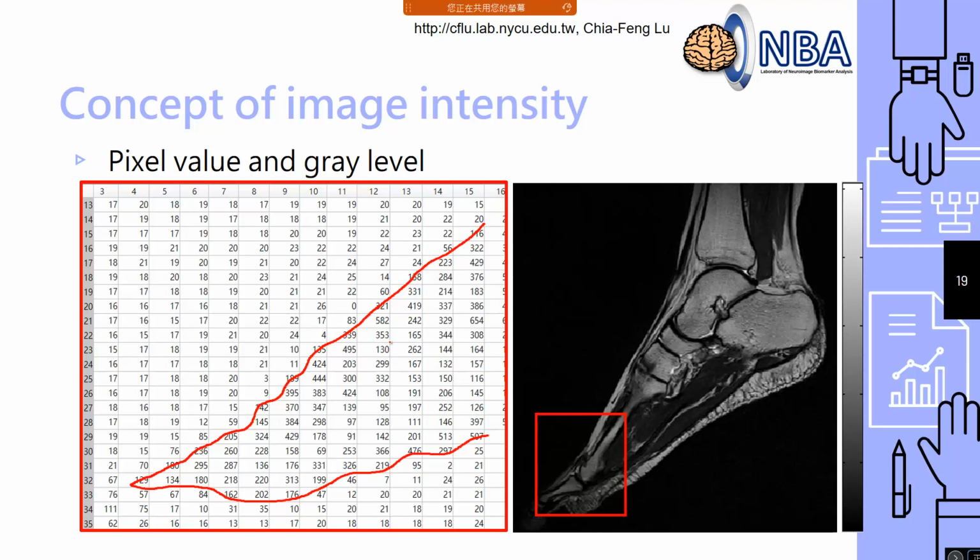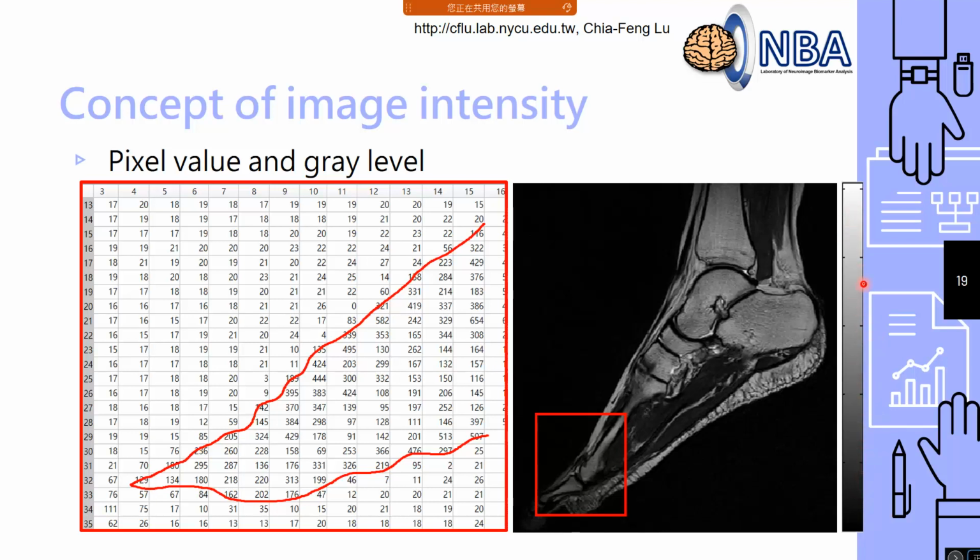So I have to say, you may see that intensity can be transferred into grayscale. What is grayscale? This is the grayscale. That means between white and pure black, there are several different levels. We say they are grays, but they may be light gray, they may be dark gray.